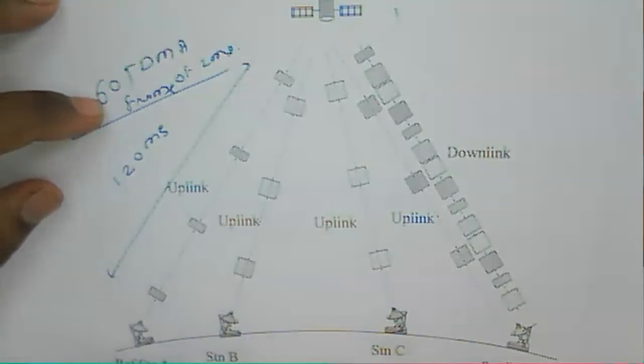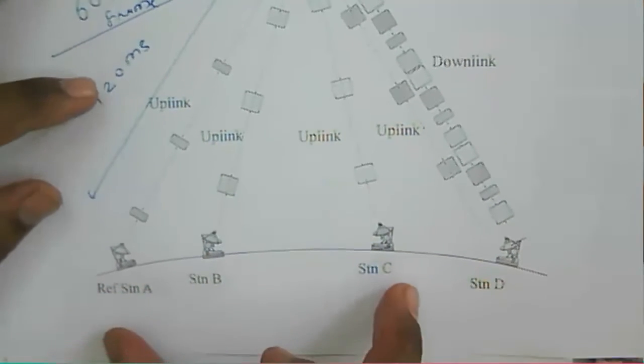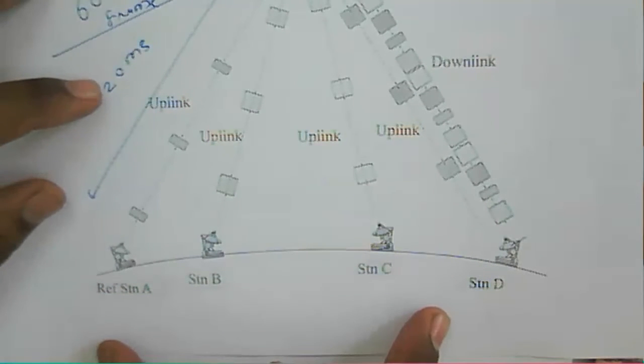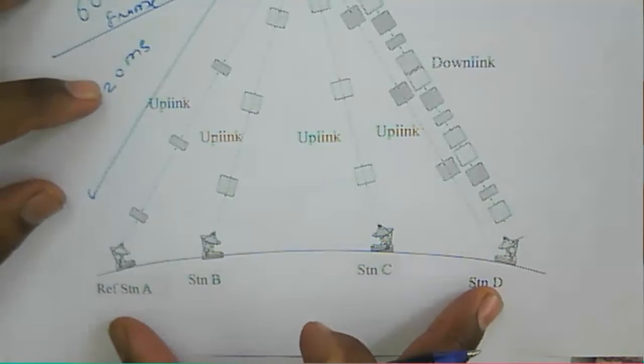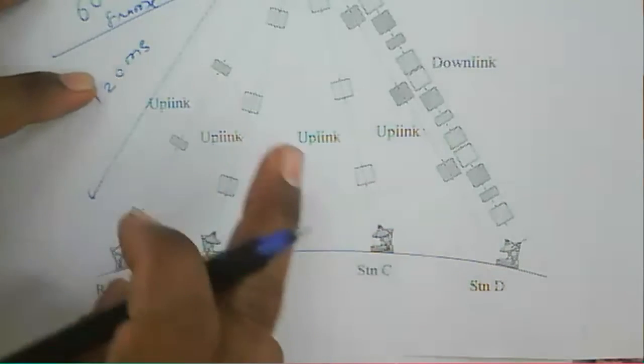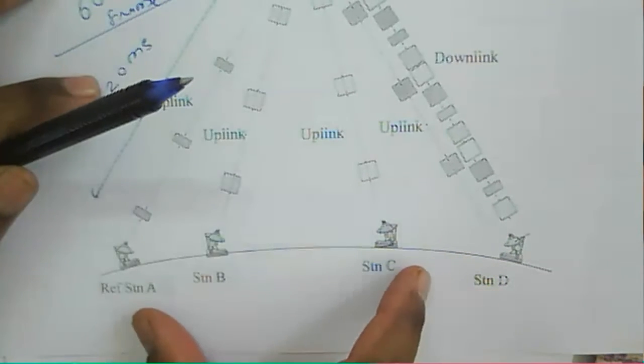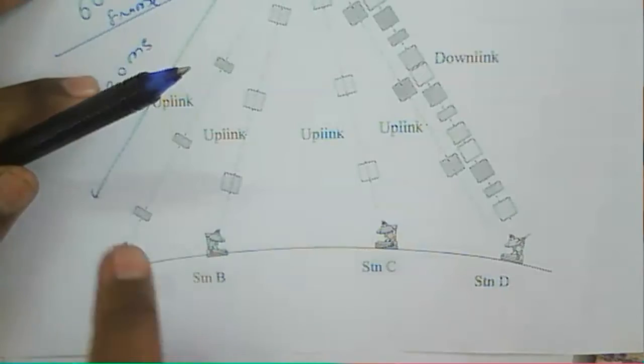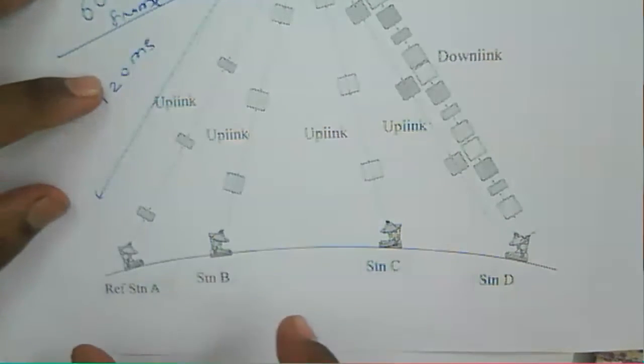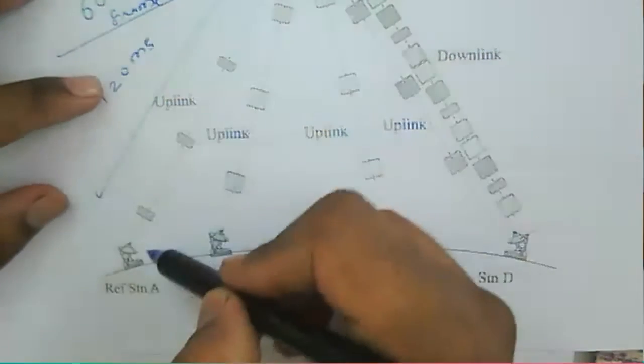So that's why, for whichever Earth stations we are using, all the Earth stations have a different range to the satellite, because of the range equation.